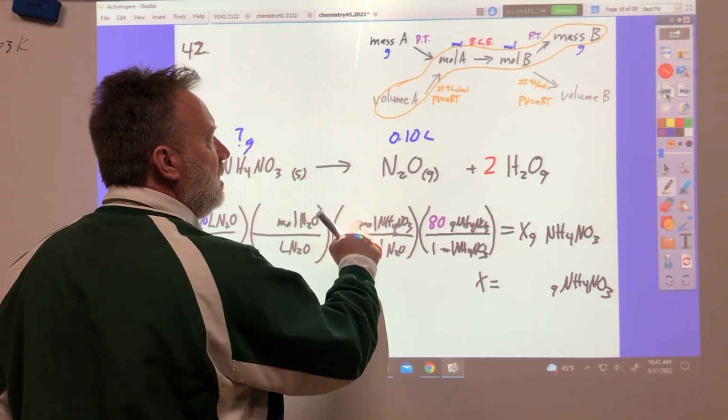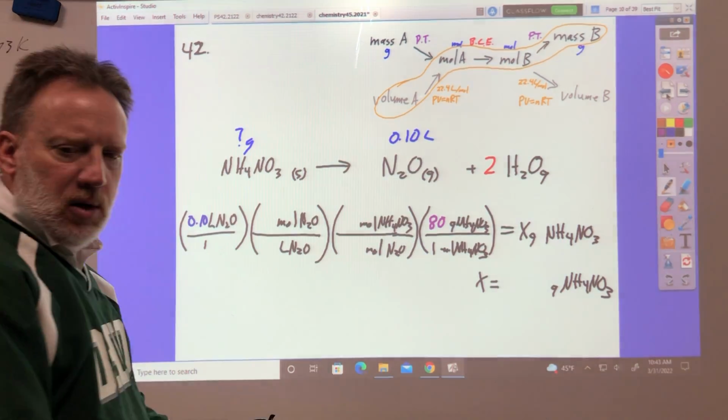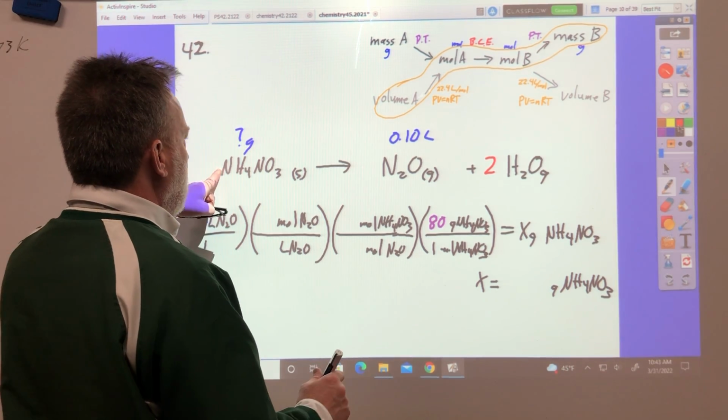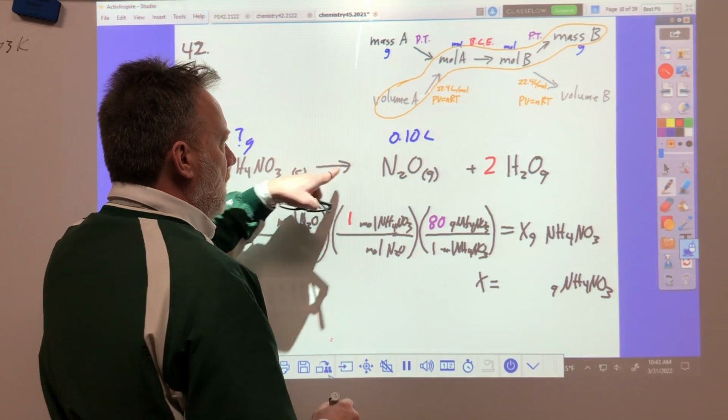All right, now these numbers come from the balanced chemical equation, and they are liters here, or moles. In this case, they're moles. And there's one of these, and one of those.